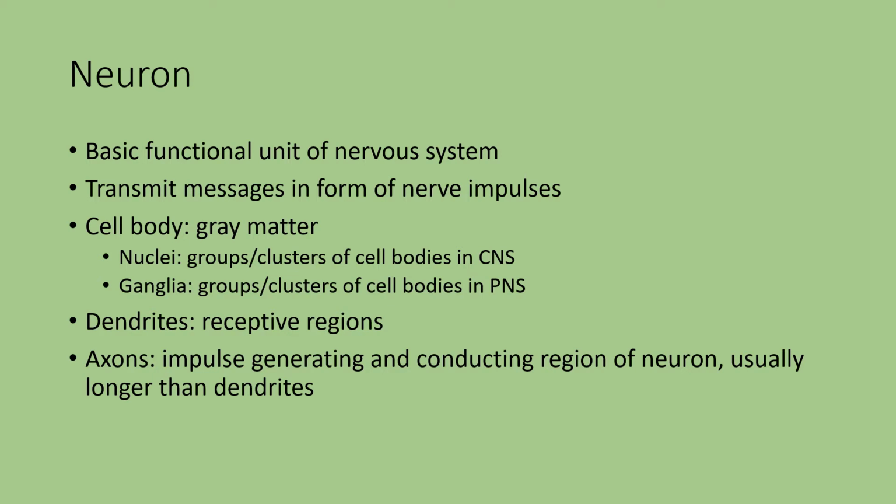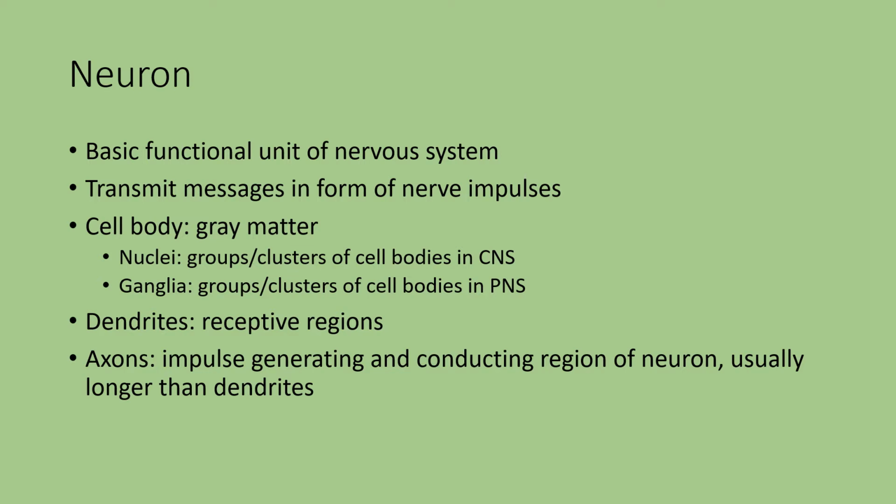This does not have either the oligodendrocytes or the Schwann cells wrapped around it. And so we'll see later when those supporting cells are wrapped around the appendages or extensions of a neuron, it tends to give it a whitish color. But the cell body tends to have more of a grayish color, so we refer to it as gray matter.